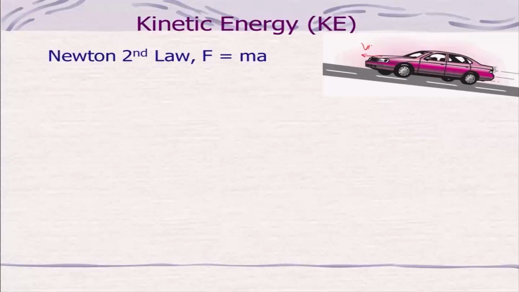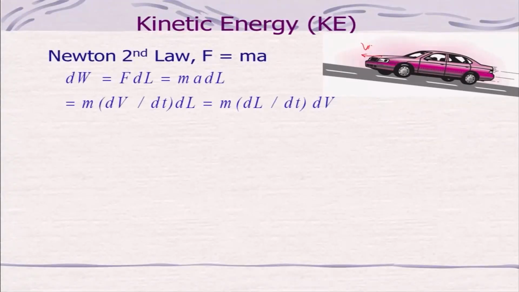But let us say the force will be mass into acceleration, and the work done will be nothing but force into change in length. The car will move a certain distance, let's say dl, and the work is F dl, where F is mass into acceleration. Acceleration is nothing but the change in velocity with respect to time, dv by dt.